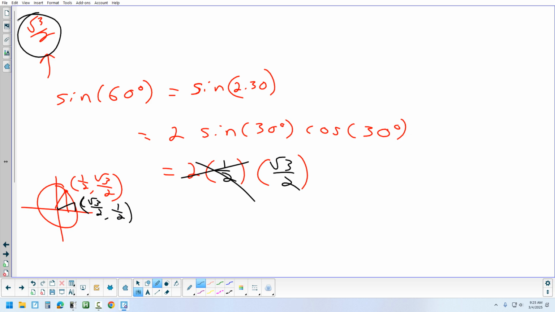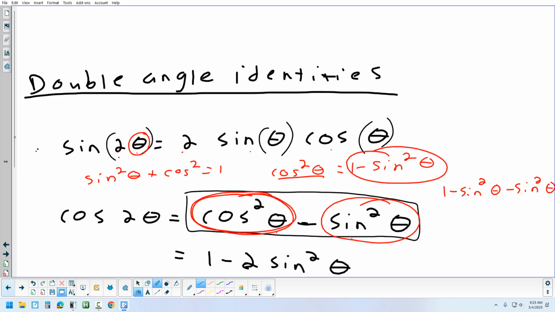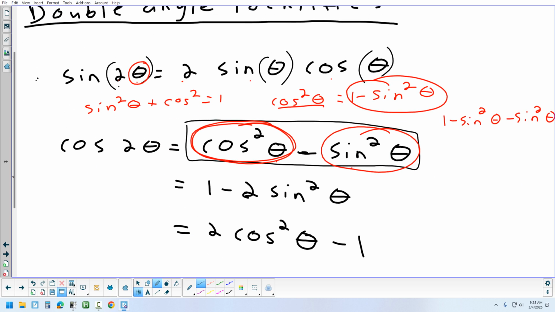So what the double angle formulas allow you to do numerically is, if you know how to find an exact answer of an angle, then now you know how to find the exact answer of double that angle using any of these formulas. So now you can get exact answers of anything you want doubled.